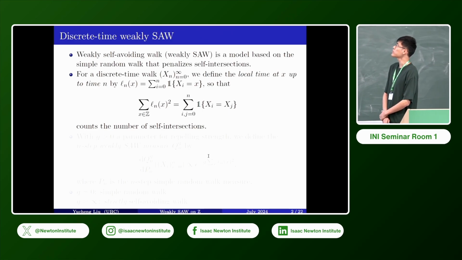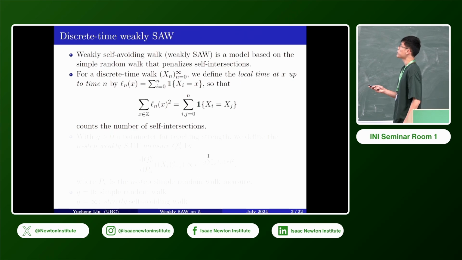Let's start with the discrete time weakly self-avoiding walk, which is a simpler model to define. This is a model based on the simple random walk. And basically what we do is we penalize self-intersections. So given a discrete time walk X_n, we penalize using the local time at a certain point x up to time n, just by counting the number of times I have been in that position.